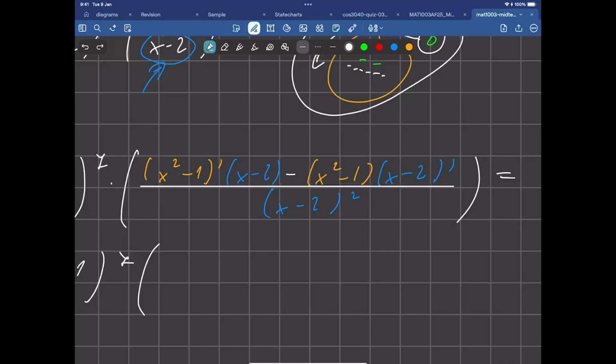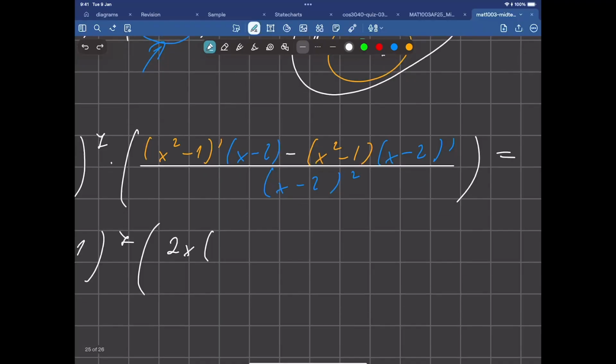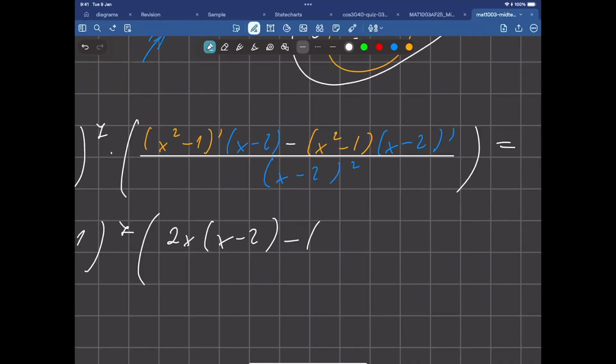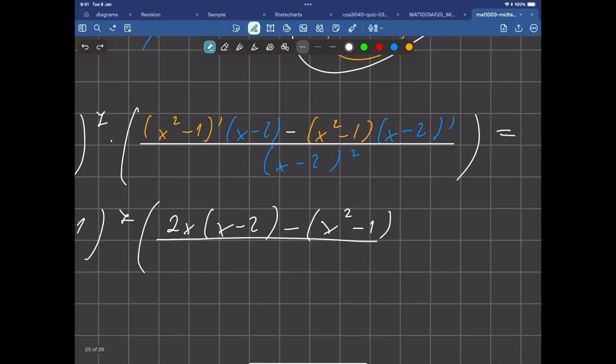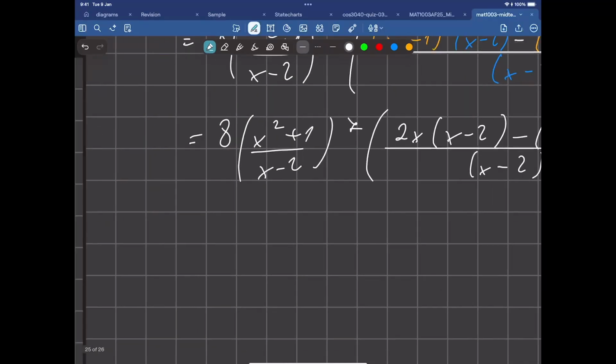So I'll just write it more quickly. So that's going to be 2x, that's the derivative here, times, I just copy this, x minus 2, minus, copy, x squared plus 1 times the derivative of that thing, which is going to be just 1. So I don't even need to write it, okay, like that. And then I have (x minus 2) squared, and I'm done here.